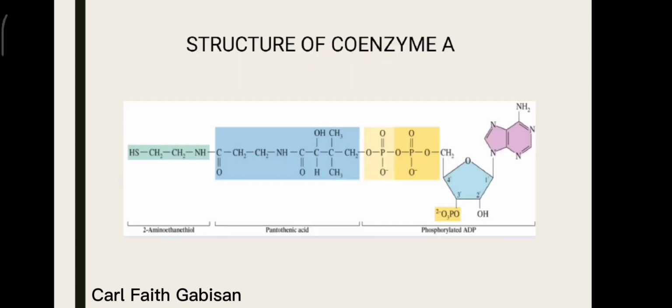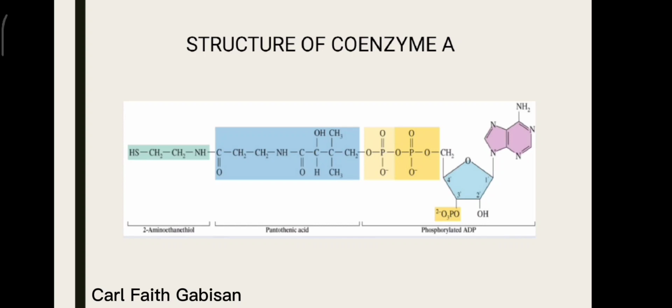So here we can see the structure of coenzyme A. Vitamin B5 is made of this. Basically, the CoA is made up of this molecule, which is B5.